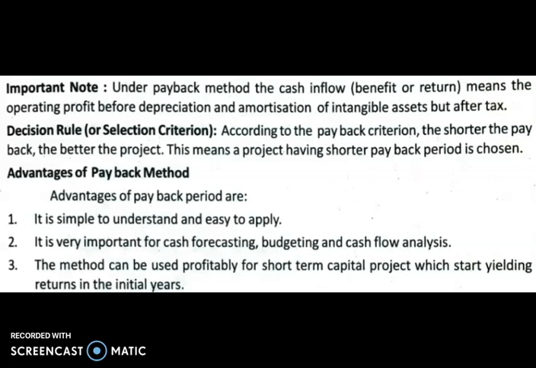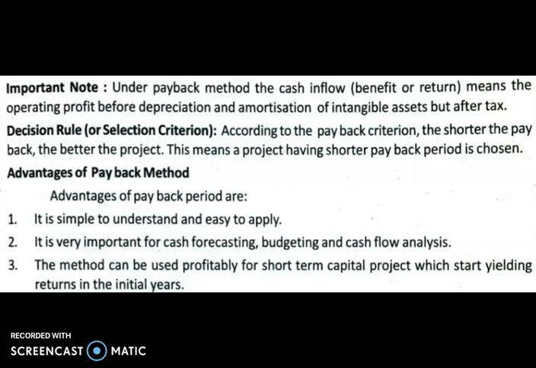So you're making a saving on tax, and that is called the depreciation tax shield. Now, since depreciation is a non-cash expense and there is no actual cash outflow, while calculating the cash inflows, we first calculate the tax, deduct it, and then add back the depreciation.